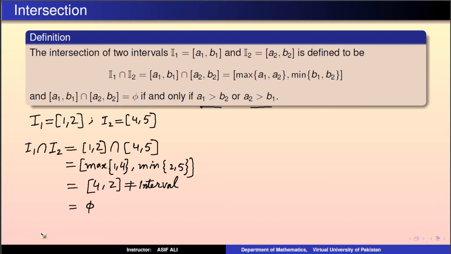Let's draw. This is 1, this is 2, this is 3, this is 4, this is 5. You can see that (1, 2) is interval 1 and (4, 5) is interval 2.